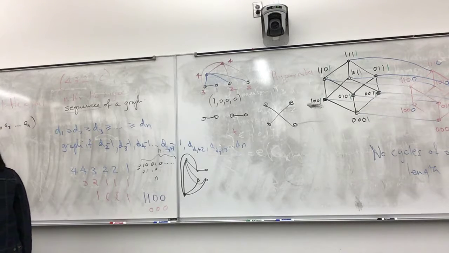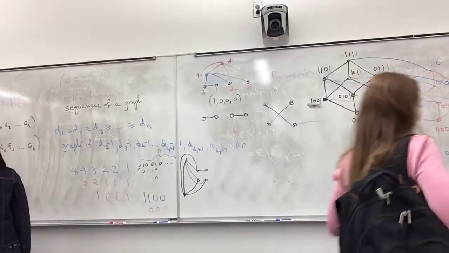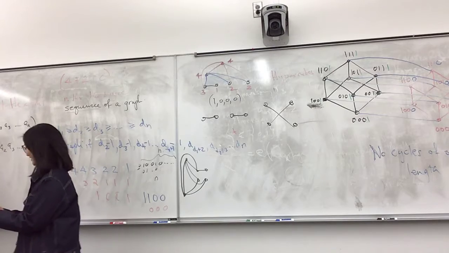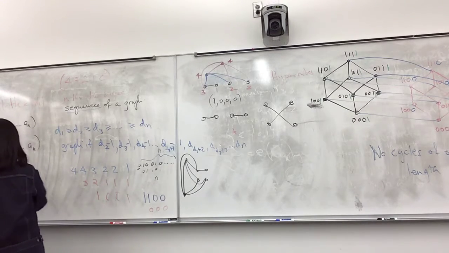I'm going to use some notation. This means not. So if this was a 1, then this is a 0. If this is a 0, this is a 1, and everything else stays the same. Now look at these two vectors. How many places do they differ in? 1. And there are n possible. Okay, thank you. Sorry, I didn't make that clear.